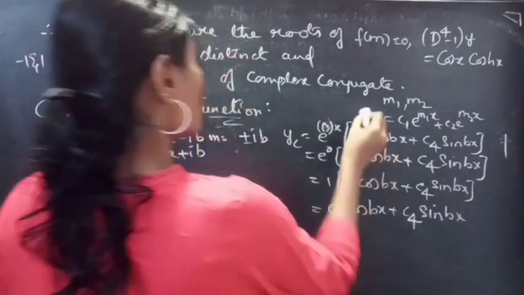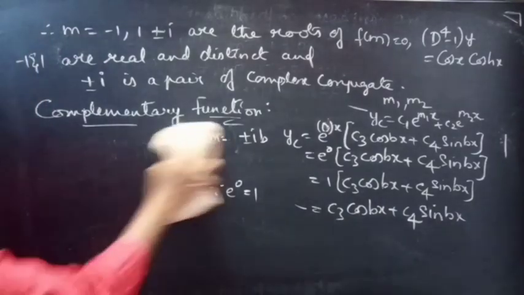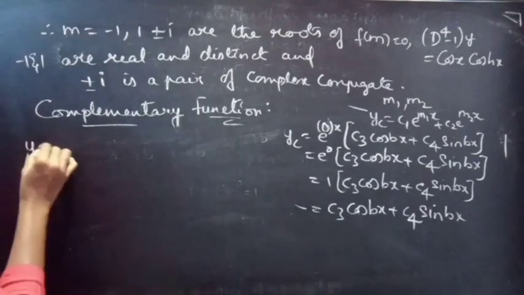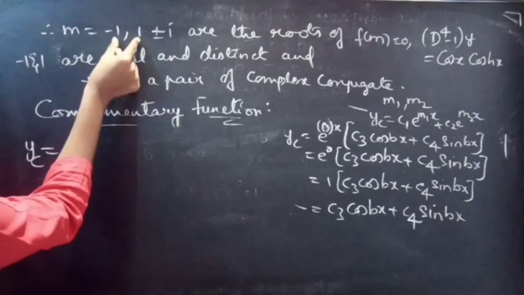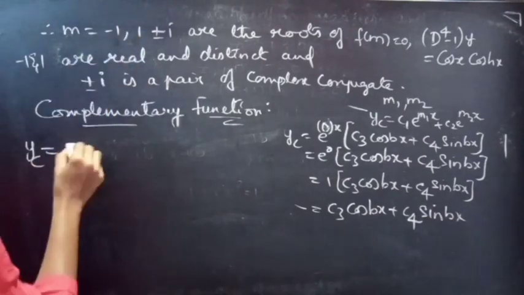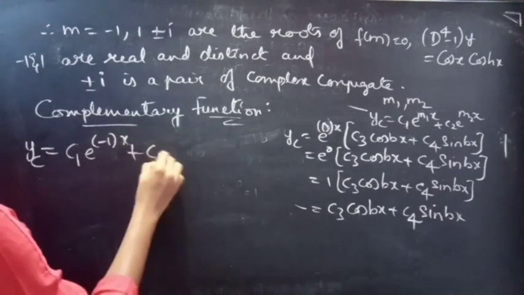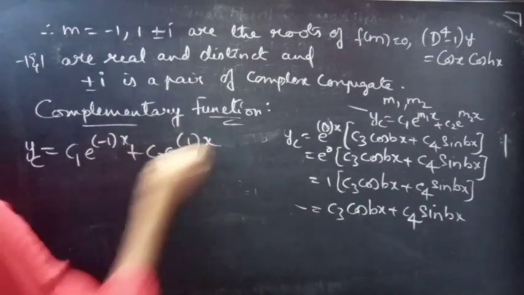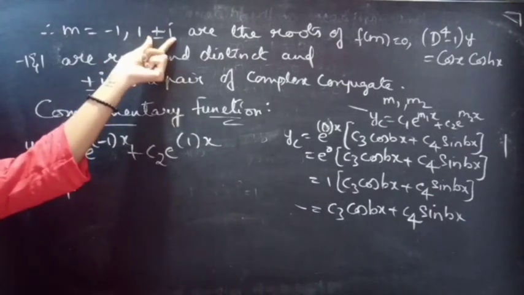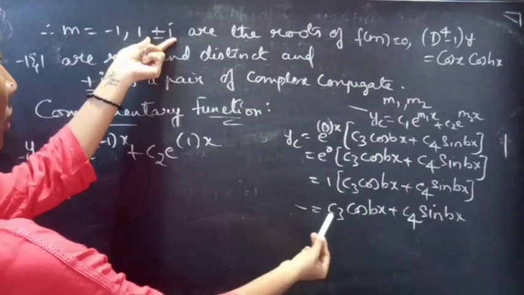Right? Now we are going to use these two formulae to write the complementary function of our problem. Our yc looks like, firstly let's write for the first two real and distinct roots, c1 into e power m1 x plus c2 into e power m2 x, plus, now let's write for the pair of complex conjugate roots.